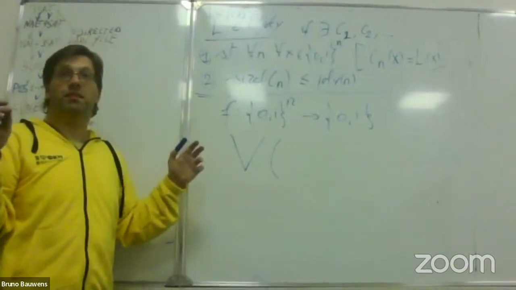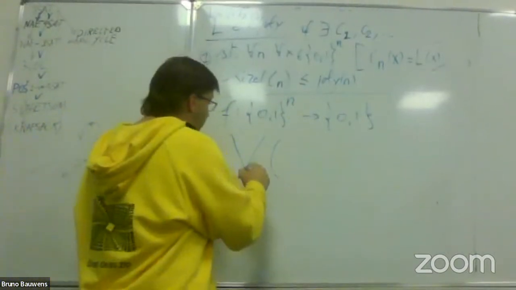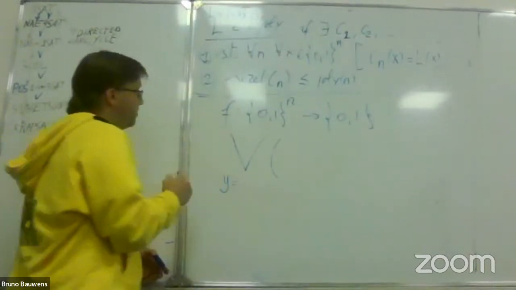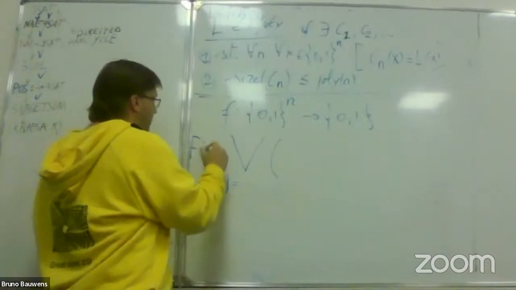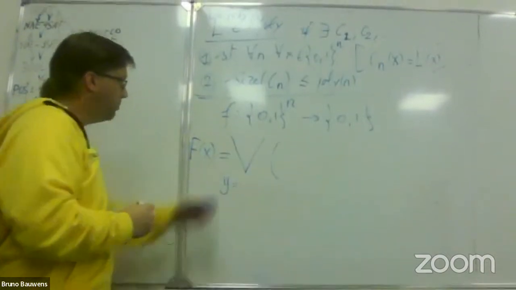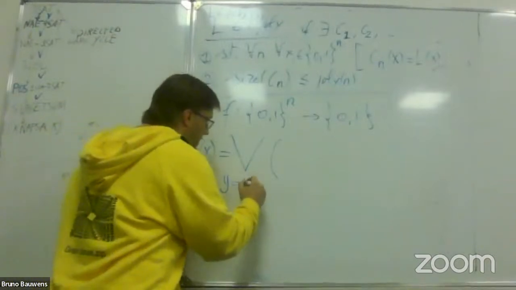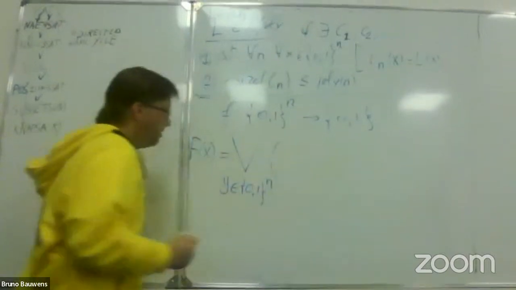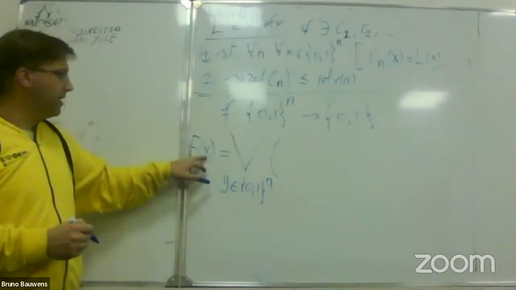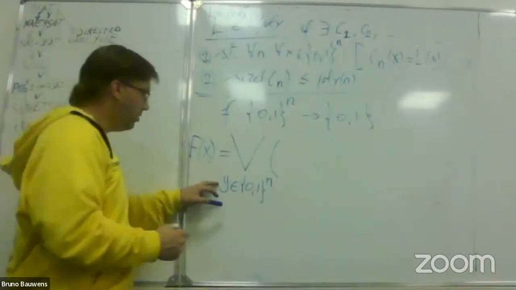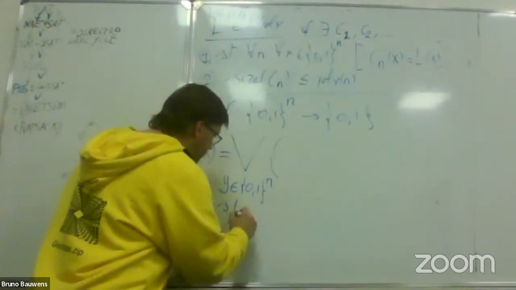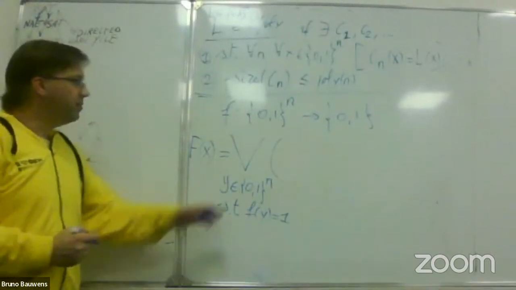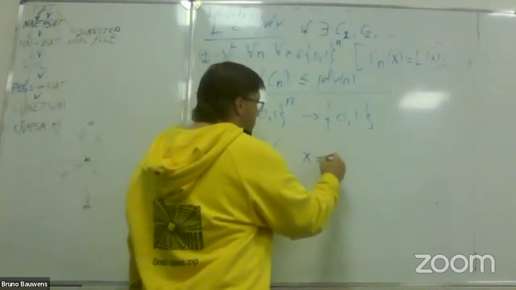We take a big OR over all strings y of length n, such that f of y is equal to 1, of the check whether x is equal to y. And here we will write a formula that checks x equals y.